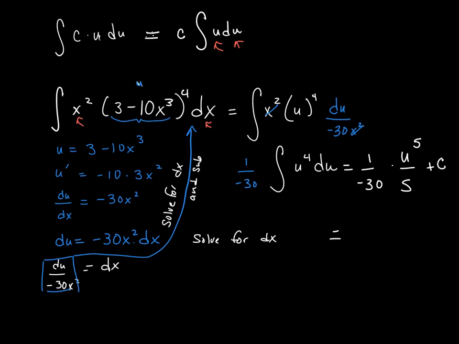And then I substitute u back in and multiply those two together. So I have (3 minus 10x to the third) to the 5th power plus my constant, all over 150. And I do need a negative sign out there. So let's just stick the negative right there.